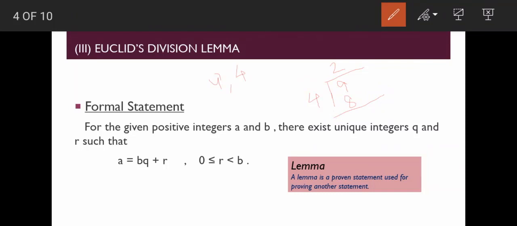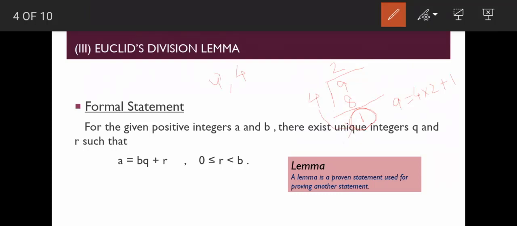On subtraction we get the remainder as 1. Now, when we follow the division algorithm, we can write 9 is equal to 4 into 2 plus 1. The remainder is 1, which is of course less than 4.